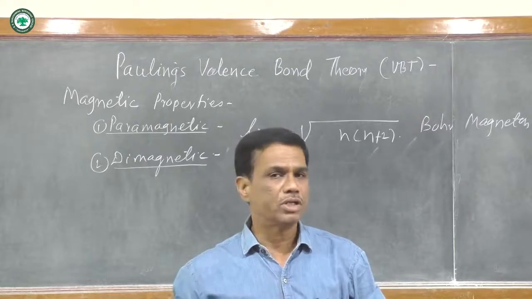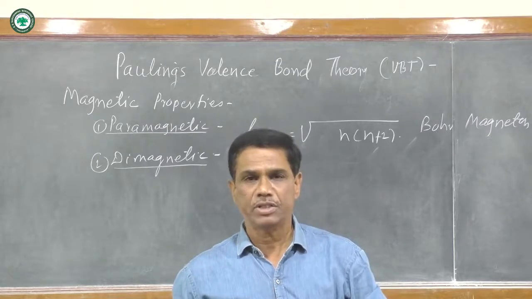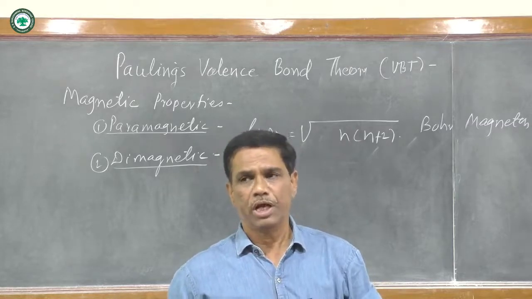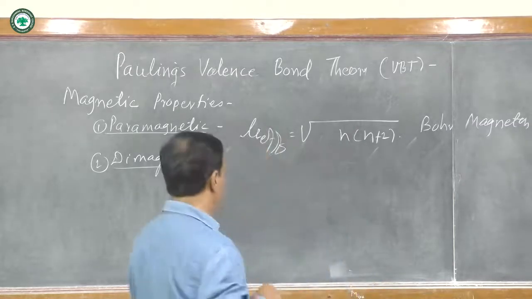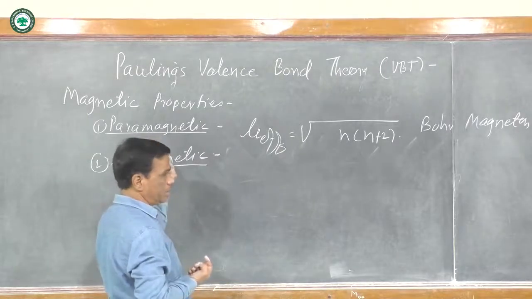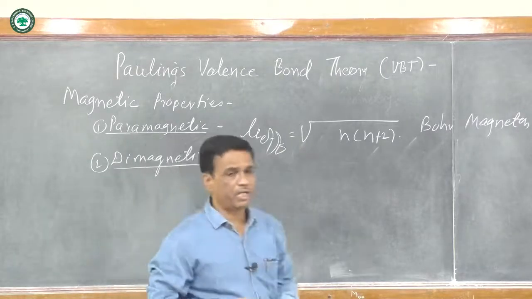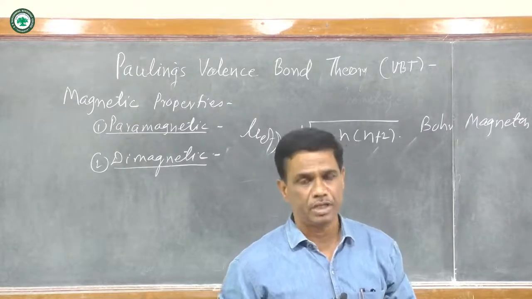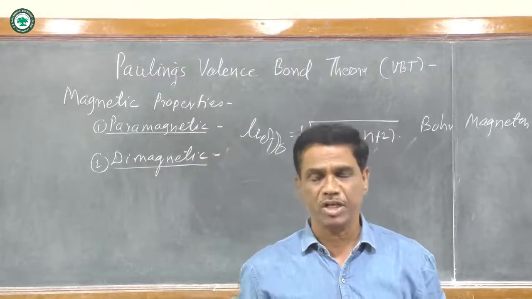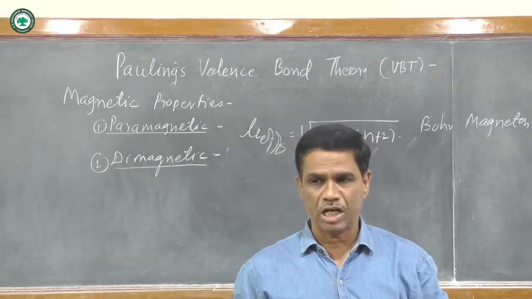That is the introductory part, and hybridization for valence bond theory, VBT, and from VBT you can again determine the magnetic moment, either paramagnetic or diamagnetic. Paramagnetic means presence of unpaired electrons, diamagnetic means absence of unpaired electrons, or all electrons are paired.